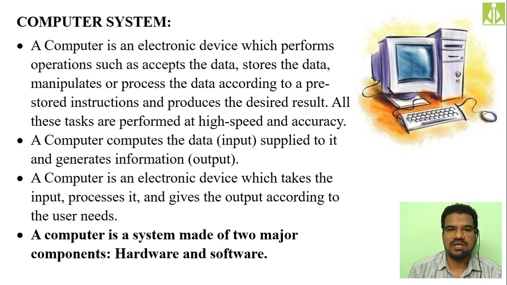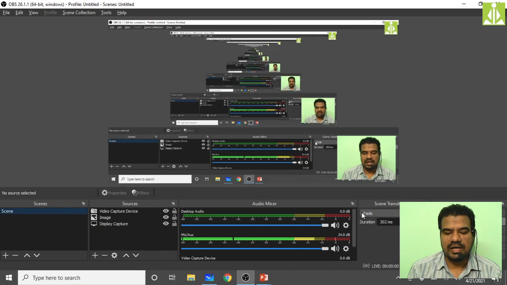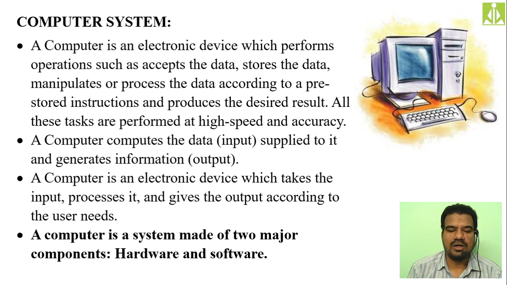Whenever you want to see the data, you can retrieve the data, and you can manipulate the data with the help of a computer. All these types of tasks or operations we can perform with the help of a computer. In order to take the input from the outside world, the computer makes use of input devices, and in order to give the output to the outside world, it makes use of output devices.